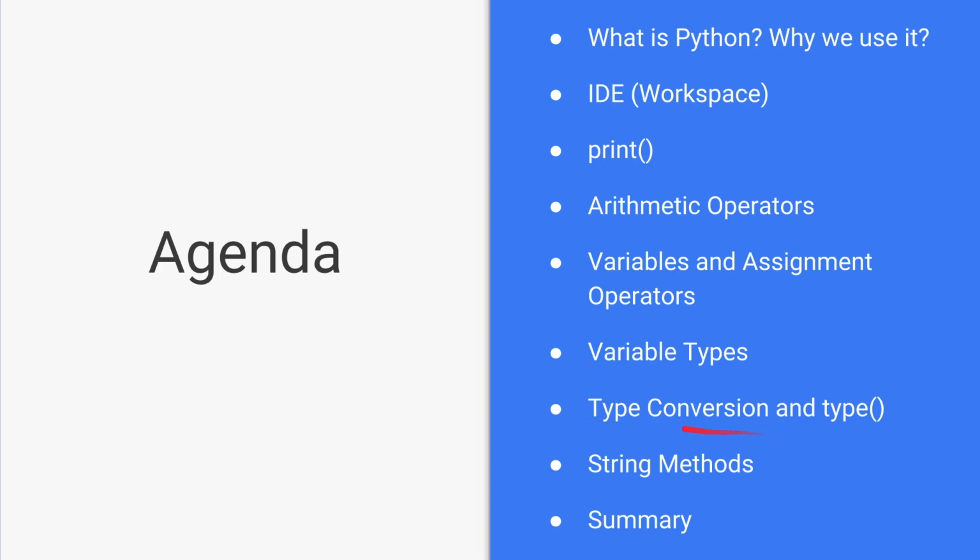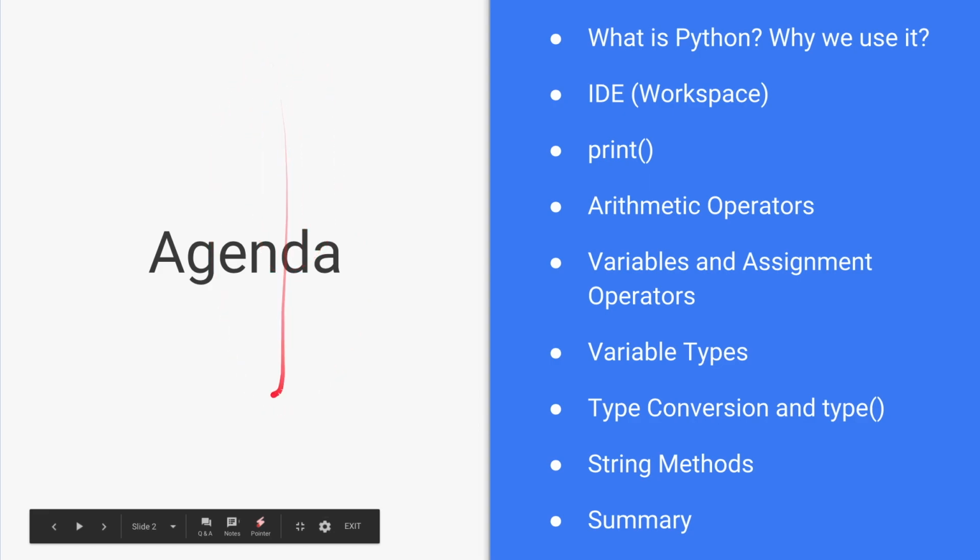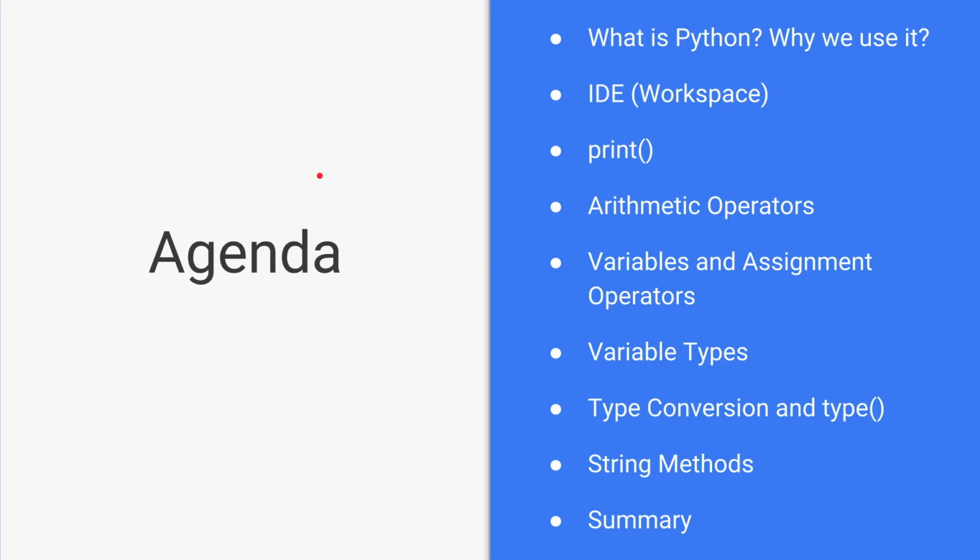Then we're going to look at type conversion. Type conversion is basically changing one variable of a specific type to another type. Let's say this whole white screen is a variable called a. So variable a is of type white, I guess. Using type conversion, we change one variable of a specific type to another type of variable.